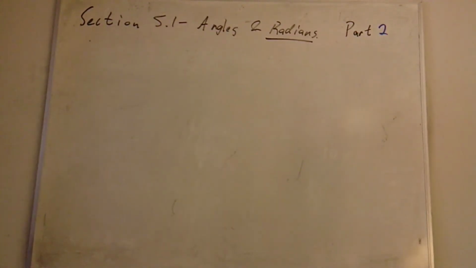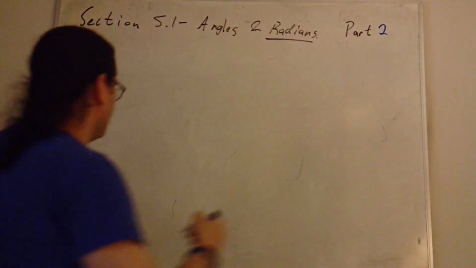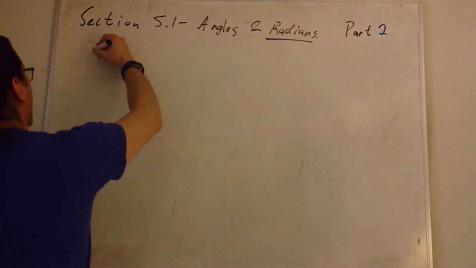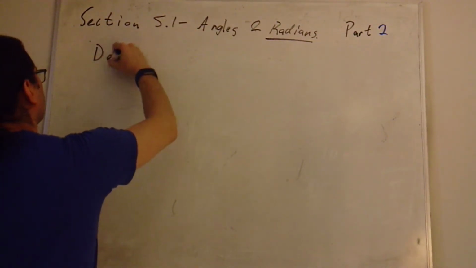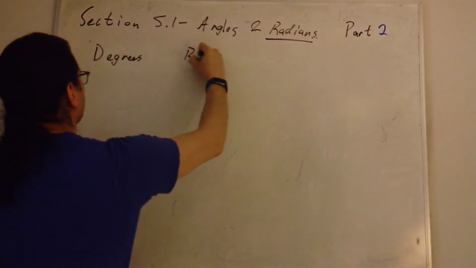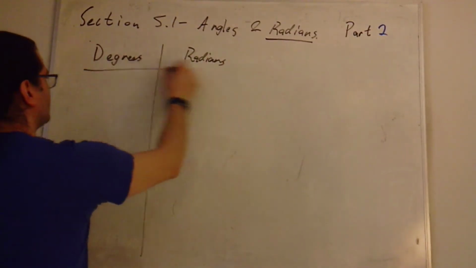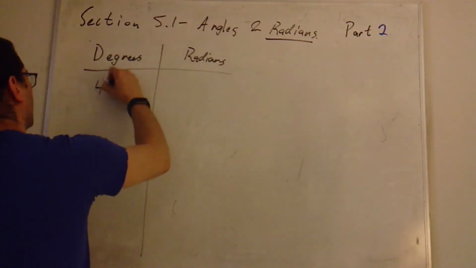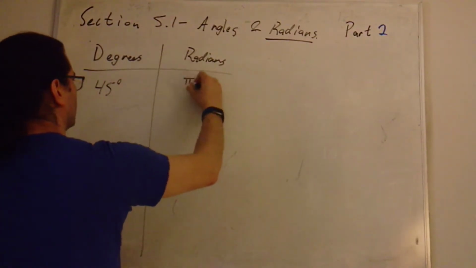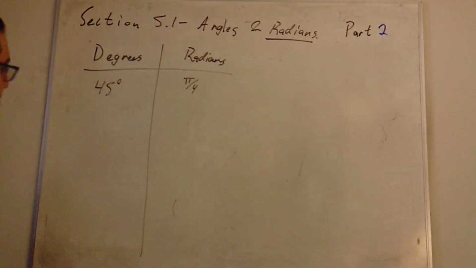There are two basic ways to do these conversions. The one that I really like is just to use proportionality. For example, we already know that 45 degrees is pi over 4 radians.